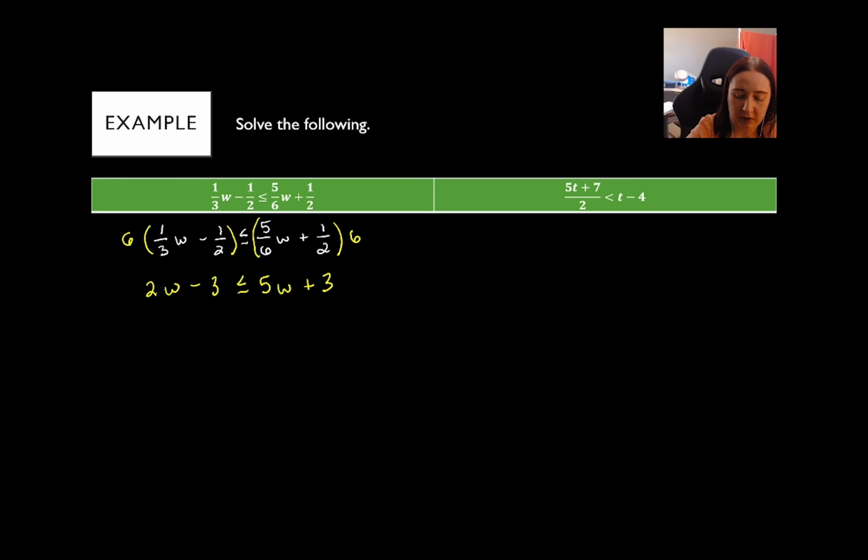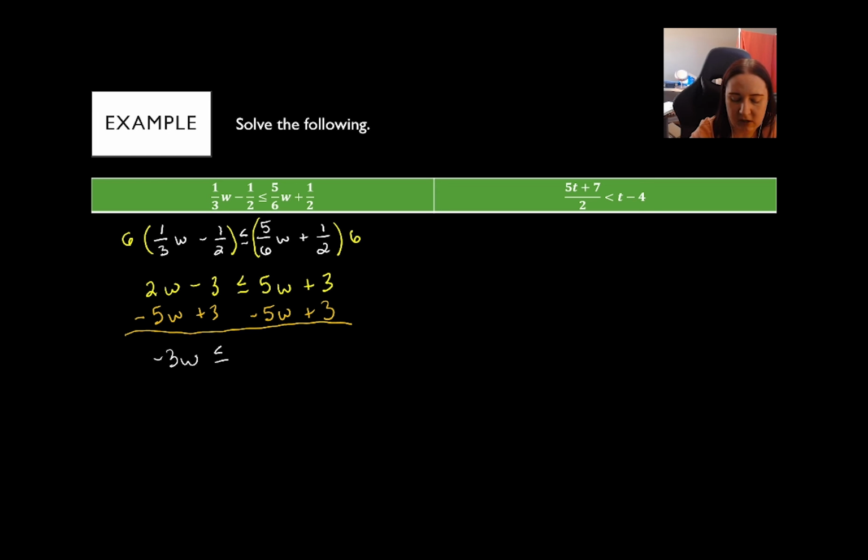So we're now going to start moving things. So I'm going to subtract 5W from both sides and add 3 to both sides. So 2W minus 5W is negative 3W.